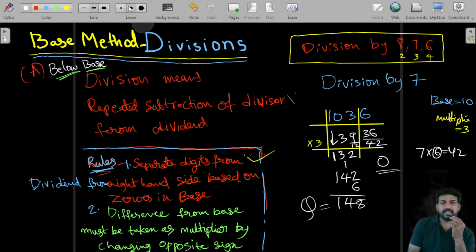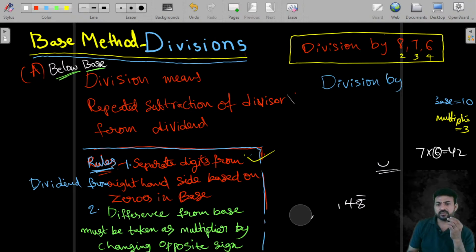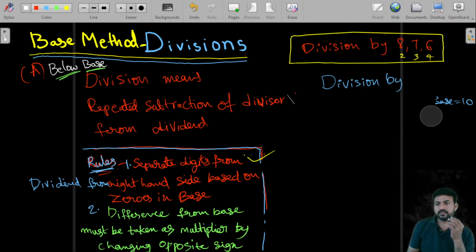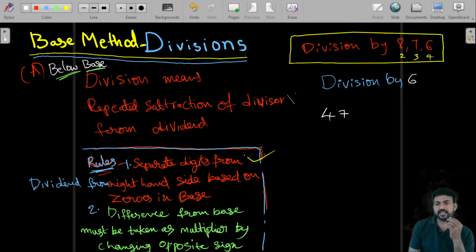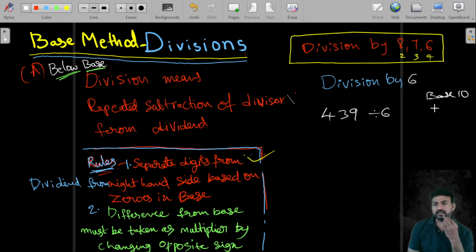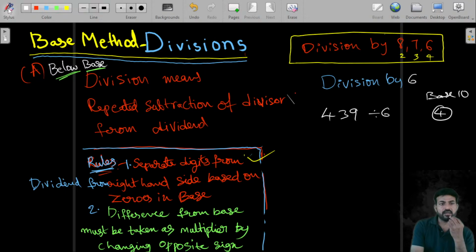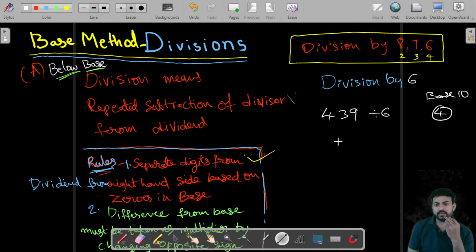And division by 6. Let me complete division by 6 today also. Take any number. 439 divided by 6. So base is still 10. Tomorrow we can learn above base. Base is 6. So difference is 4. So multiplier is 4.